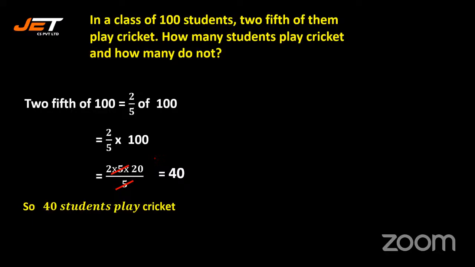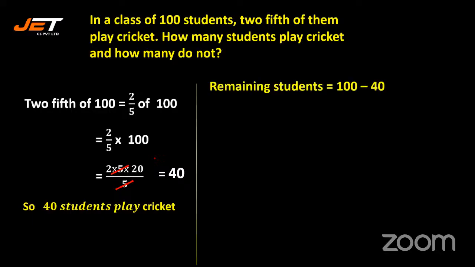And if I talk about the ones who do not play, remaining are 100 minus 40. 100 is the total, and 40 is the ones who play, right? So those who do not play are 60.